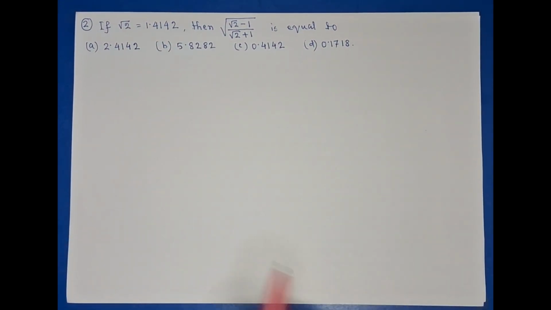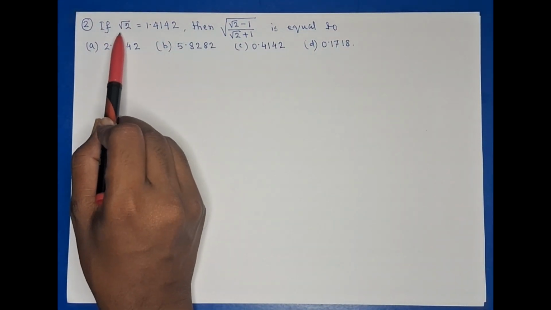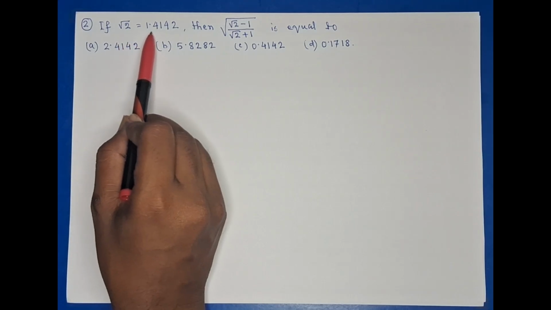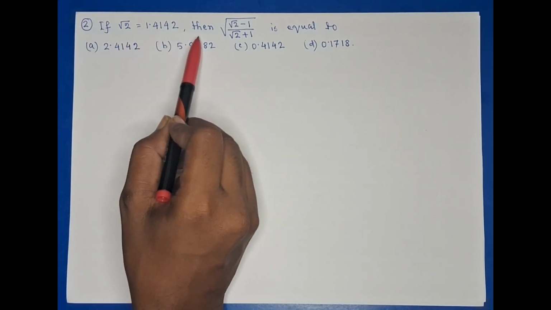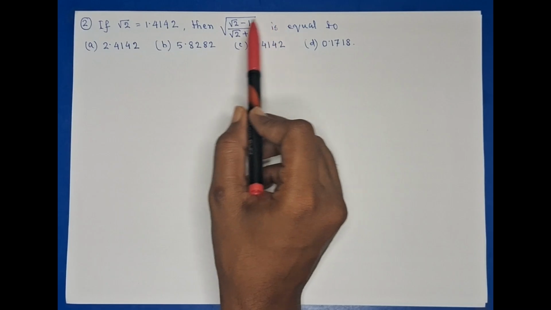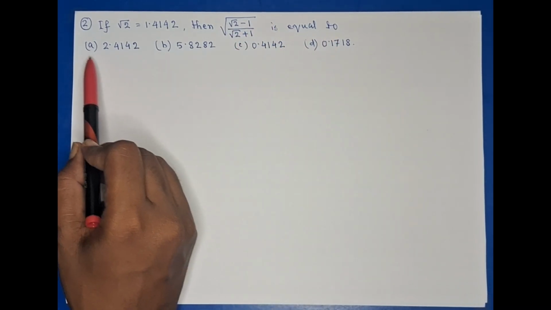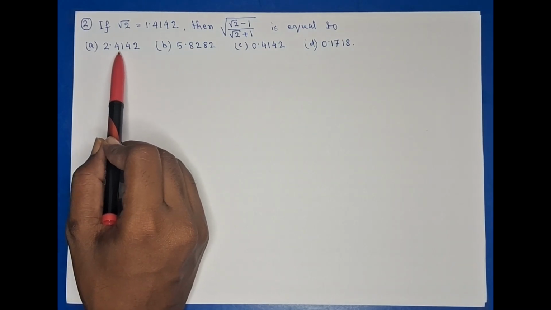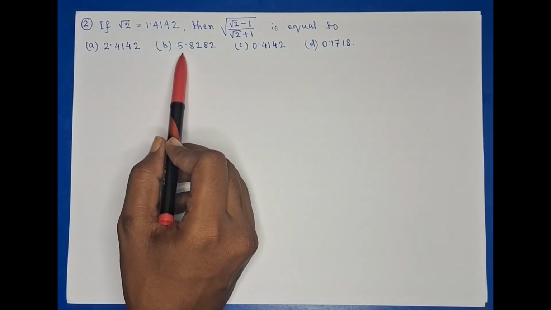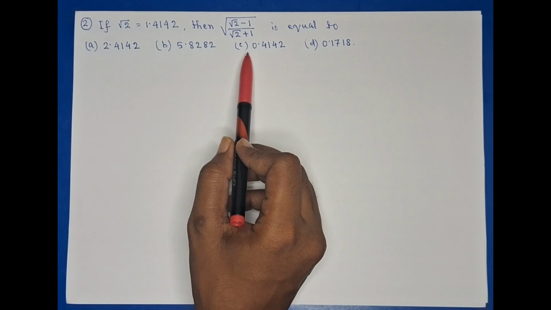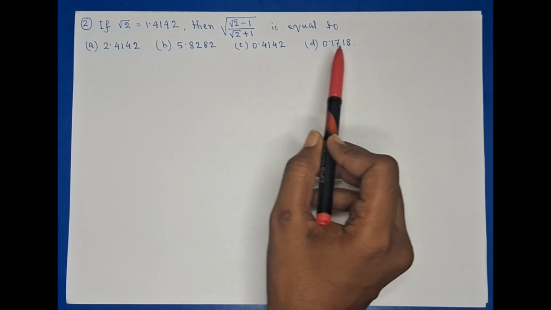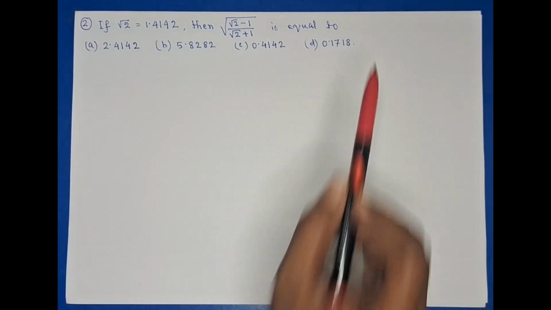The next question is, if square root of 2 is equal to 1.4142, then square root of (root 2 minus 1) by (root 2 plus 1) is equal to option A 2.4142, option B 5.8282, option C 0.4142, and option D 0.1718.